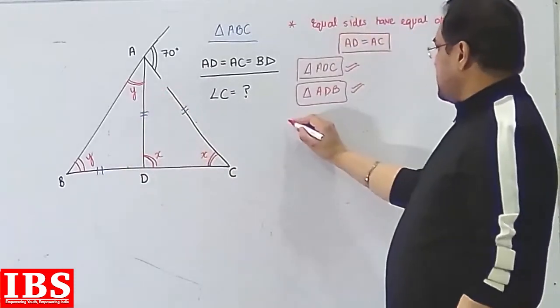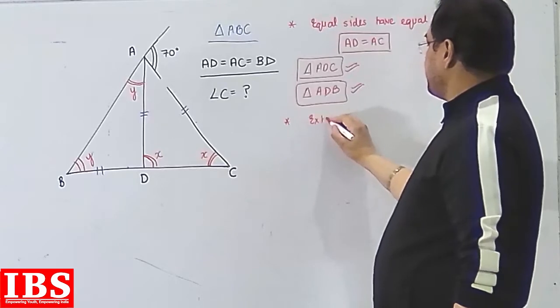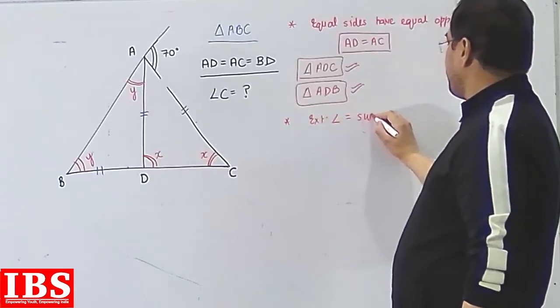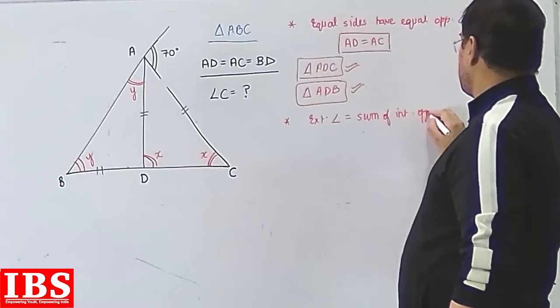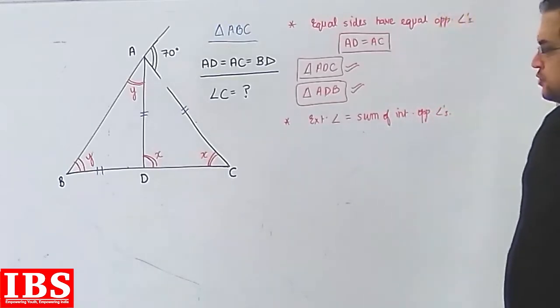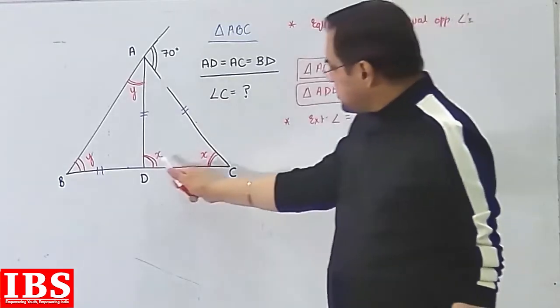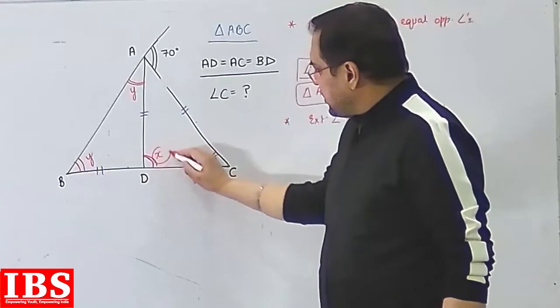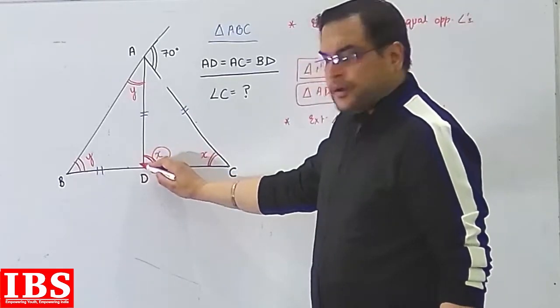Now consider the second property, that is exterior angle is equal to sum of interior opposite angles. So now we see that exterior angle is equal to sum of interior opposite angles. Consider this angle, angle x. This is exterior angle of this angle. Okay.